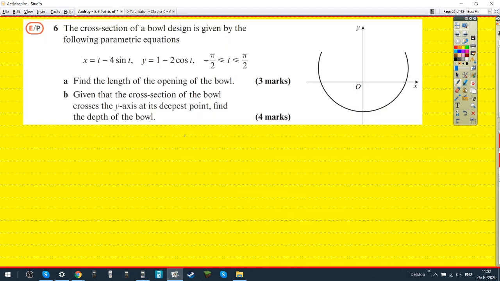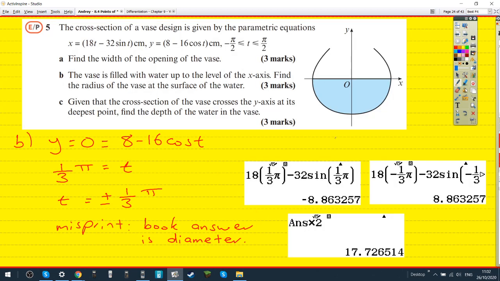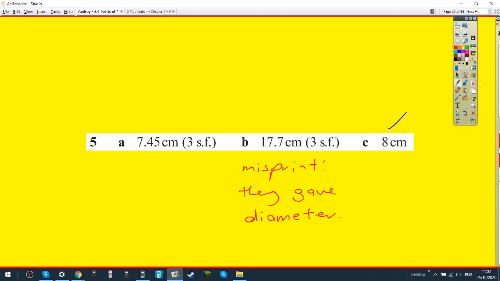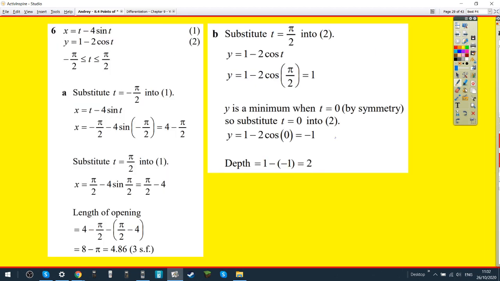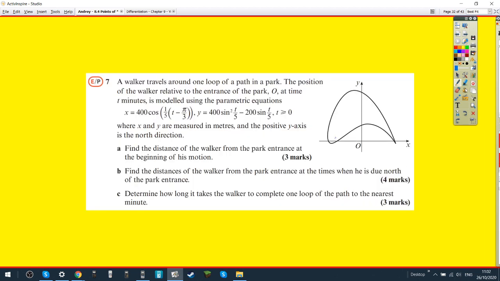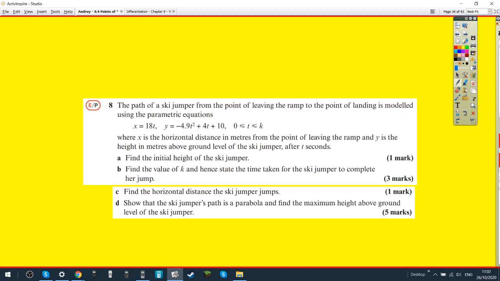So there's lots and lots of these questions, but it's basically just an equation, and the easiest way to represent it is with two separate parametric equations. So this is a graph of an equation, and it represents something in real life, like the motion of a plane or a ball, and you just have to use all your usual trig stuff to solve it.